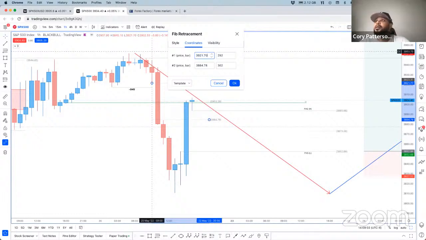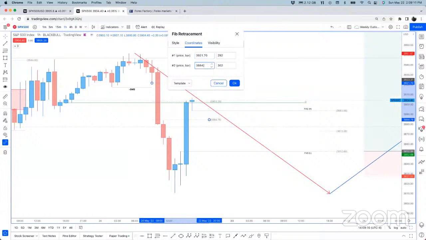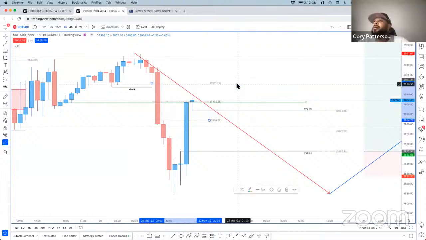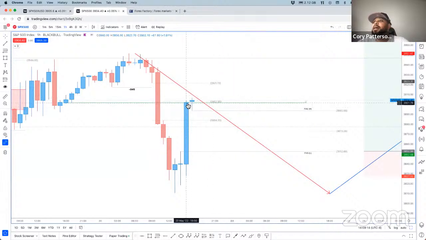30. This is 84.20. All right. So literally the high of this candle is pretty much the middle of this fair value gap right here.